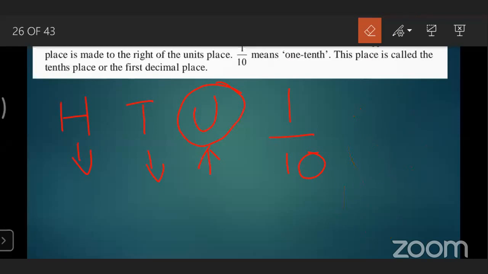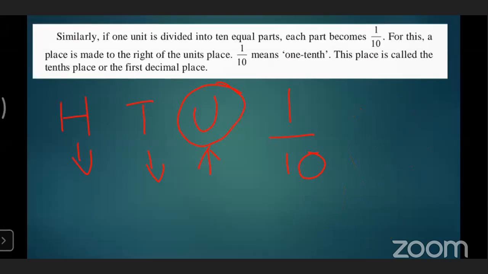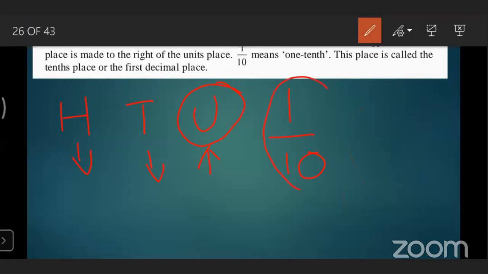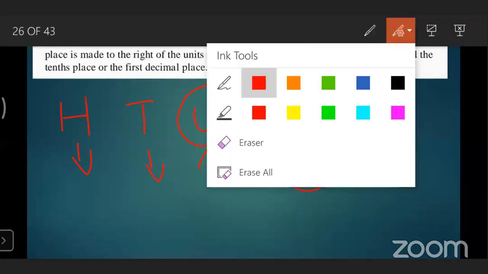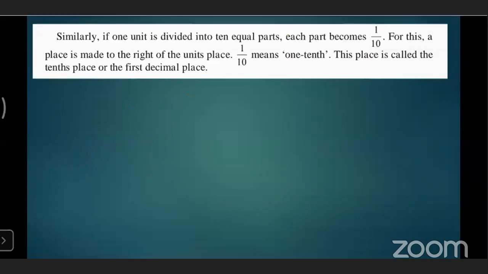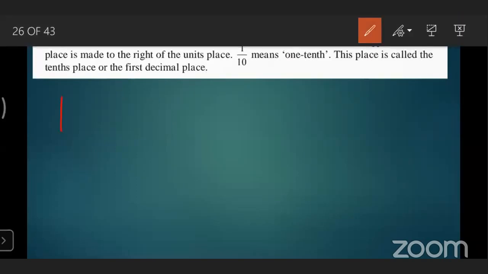So this new place is created on the right side of the unit place. This place is called the tenths place or the first decimal place. Once again, I am repeating this, so it will be clear for all of you. 100, tens, unit, right? We have divided this 100 into 10 equal parts, that becomes tens. When we divide tens into equal parts, that becomes unit, right?